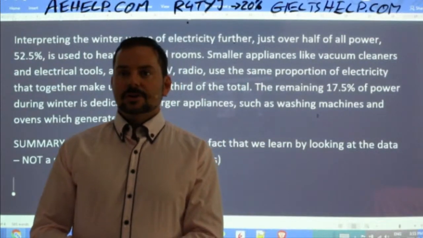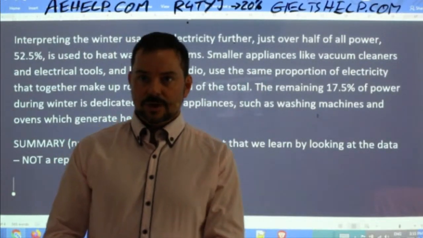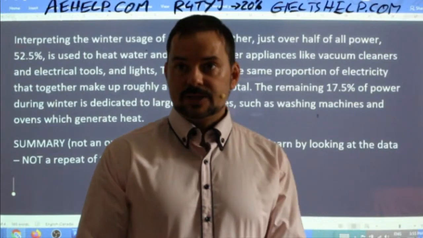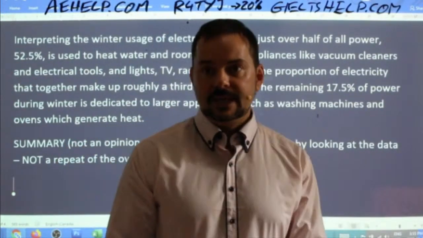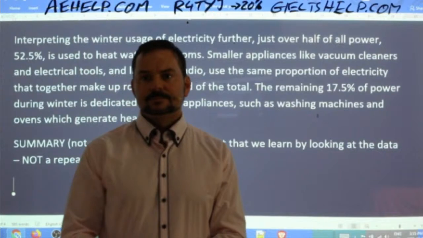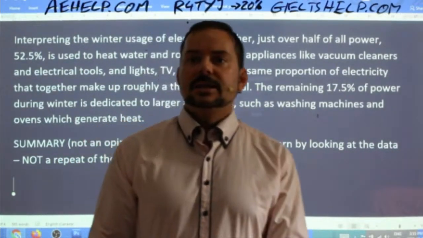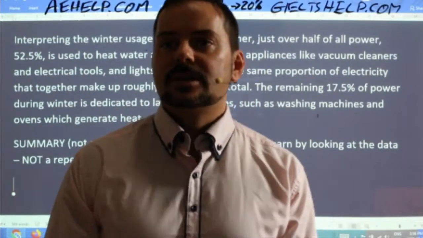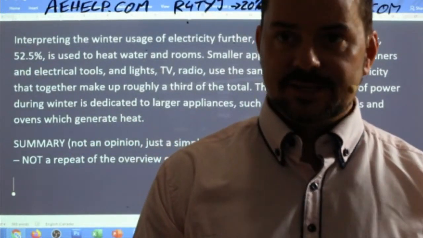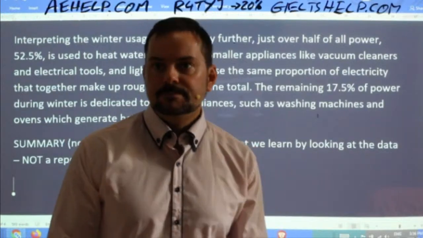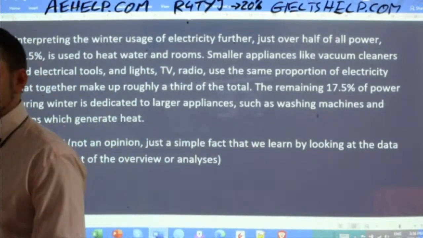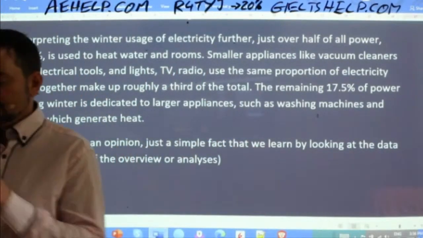Hardik says, all in all, more units of electricity are used during the winter rather than summer, as well as over half of the proportion is used for heating. Okay. Nick Hill says, in summary, power consumption is more in the winter than in summer. Okay.